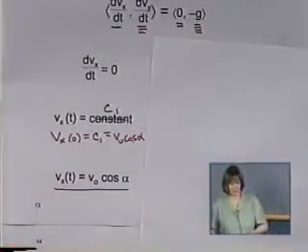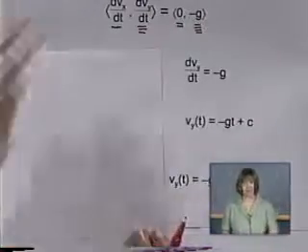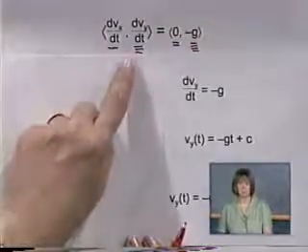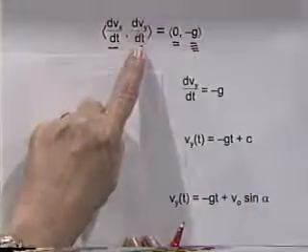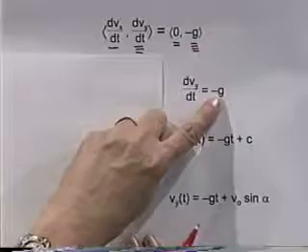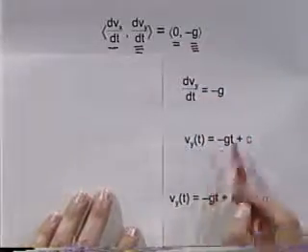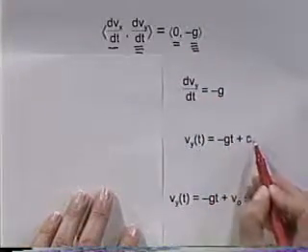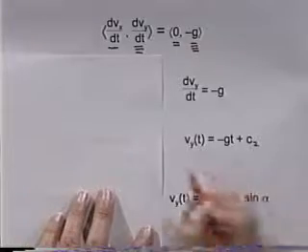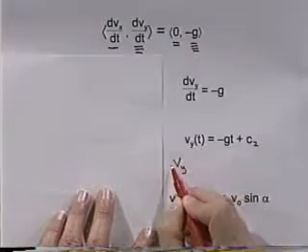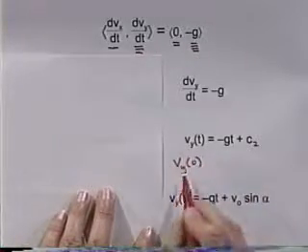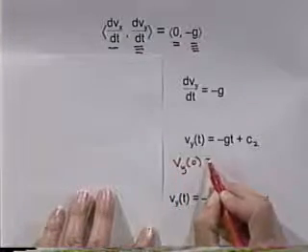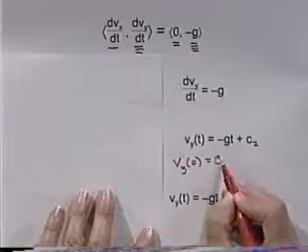Now I'm going to do the same thing for the y component. And here what we have is the derivative of the y component of v with respect to time is equal to minus g. Integrating both sides, I get minus gt plus maybe some constant c2. But remember, the velocity component in the y direction evaluated at 0 would be minus g times 0 plus c2.